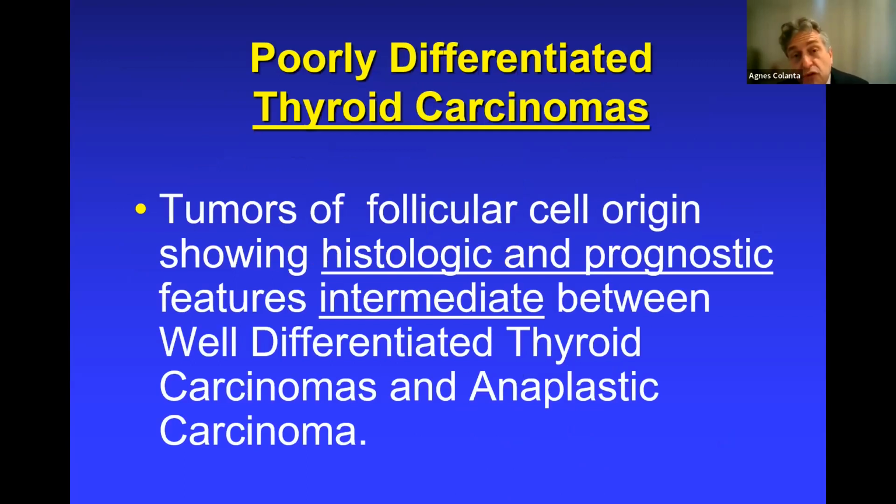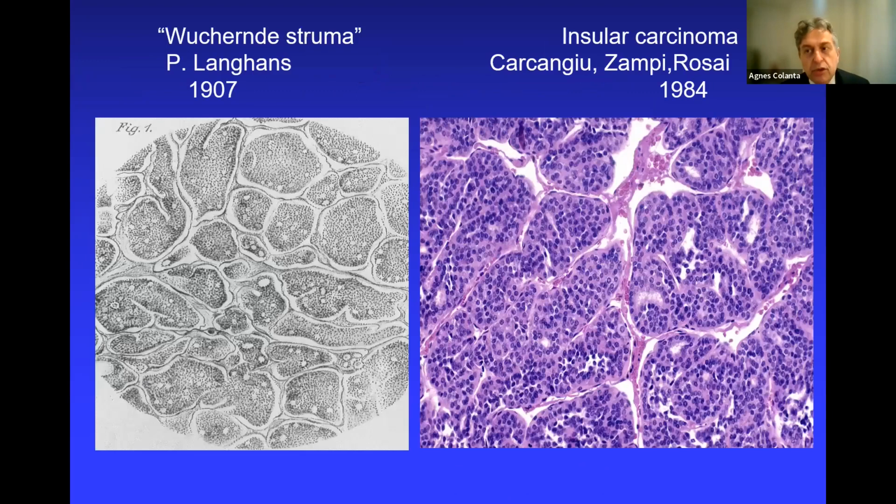They have been labeled for many years as poorly differentiated thyroid carcinoma. They are tumors of follicular cell origin, showing histologic and prognostic features intermediate between well-differentiated thyroid carcinoma like papillary carcinoma and anaplastic carcinoma. And here we have to thank Dr. Sakamoto for putting this entity on the map in 1984, where he described insular carcinoma.